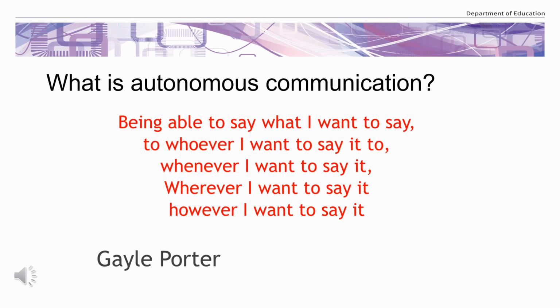The first day of work scenario demonstrates the spontaneous functional communication we use day in and day out. Gail Porter summarises autonomous communication very succinctly. That is, being able to say what I want to say, to whoever I want to say it to, whenever I want to say it, wherever I want to say it, however I want to say it.